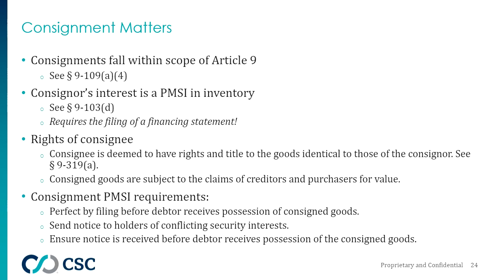So it requires perfecting the security interest before the consignee receives possession of the consigned goods. It means having to send a notice to the holder of any conflicting security interests, and that notice has to be received before the debtor receives possession of the collateral.